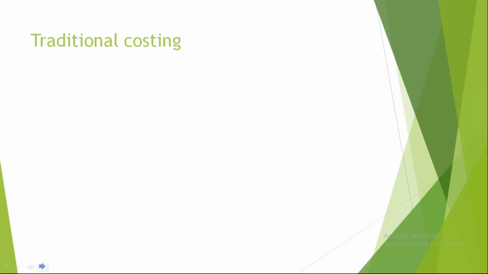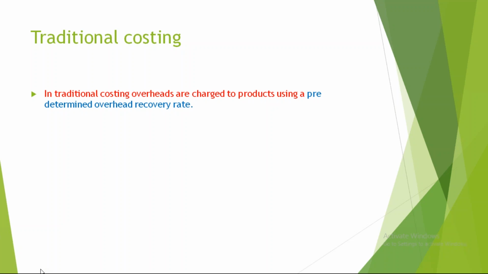So this is the background of the new production environment. In our traditional costing, what we did was look at a predetermined overhead recovery rate. We don't wait until we find the actual overhead. We budget for a particular overhead.